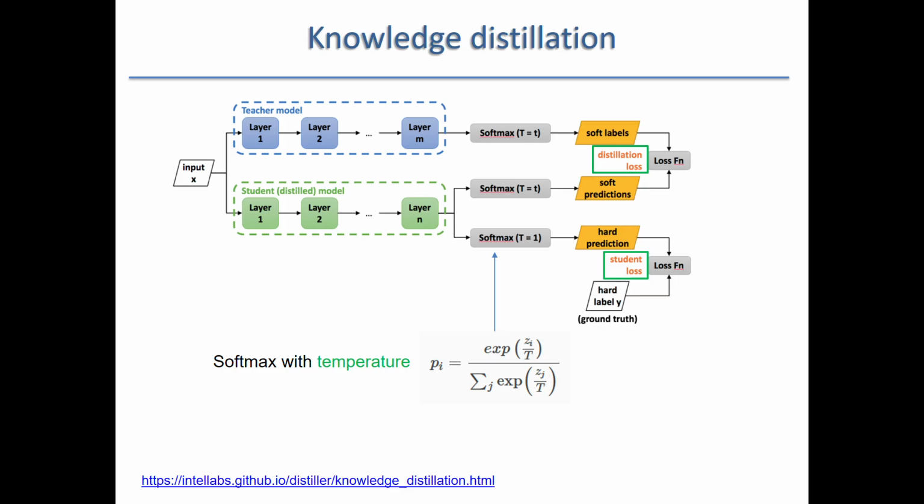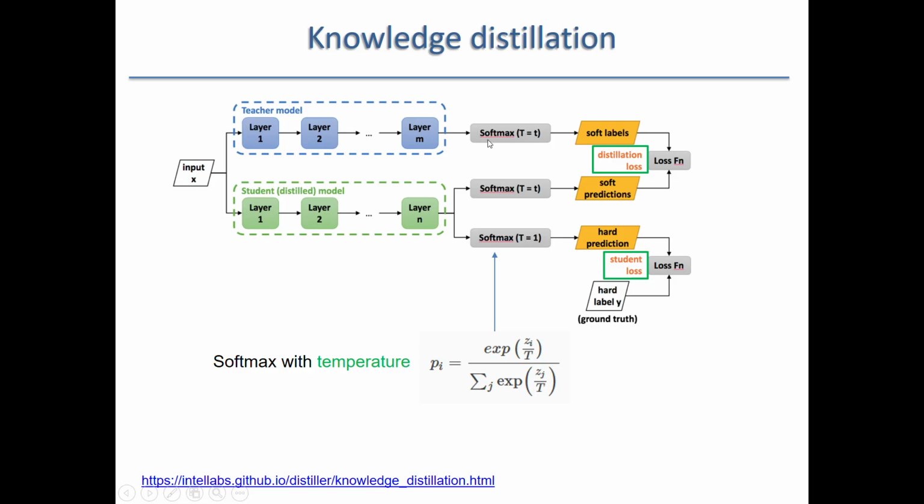Let's say that we have some input vectors that have to predict, in this example, hard labels y. This teacher would produce some soft labels. These soft labels are achieved with a high temperature.